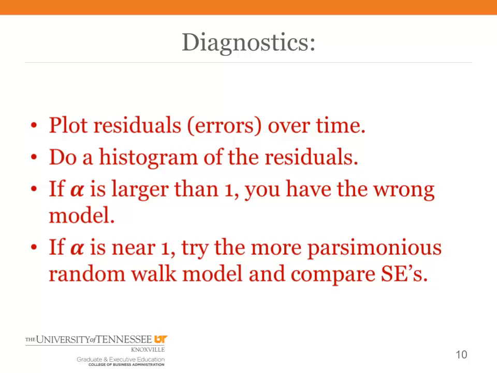And in particular, if alpha is near 1, for example, it comes out to be 0.9 or greater, the first thing I would want to do is to just test the random walk model and say, suppose I would just use the convention that next week's forecast is this week's demand. If that gives me the same size standard error, then that would be the model that I would go with, because it is the more parsimonious model.